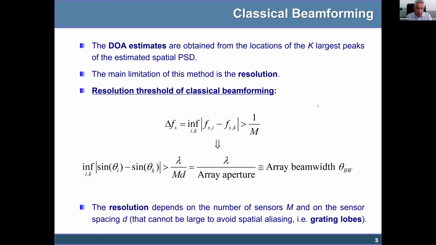Now, the other thing that we have understood is that if we use a ULA, a uniform linear array, the resolution, so the minimum distance between two different sources, two different targets, that allows the beamformer to separate them in angle, is inversely proportional to the array aperture.